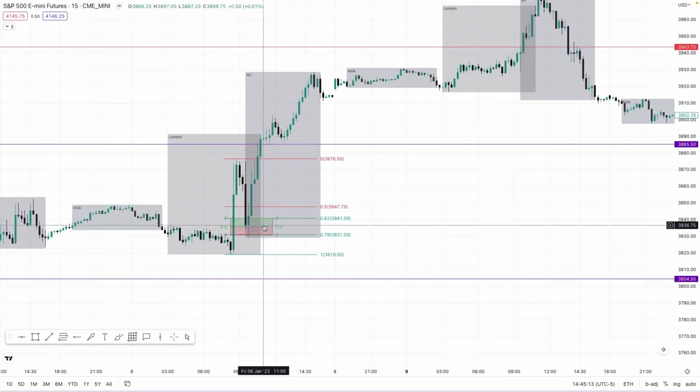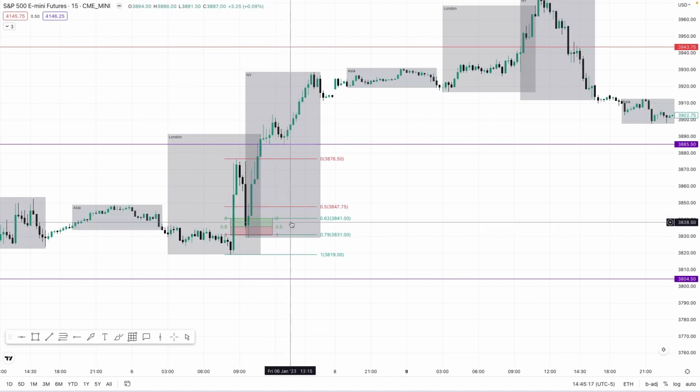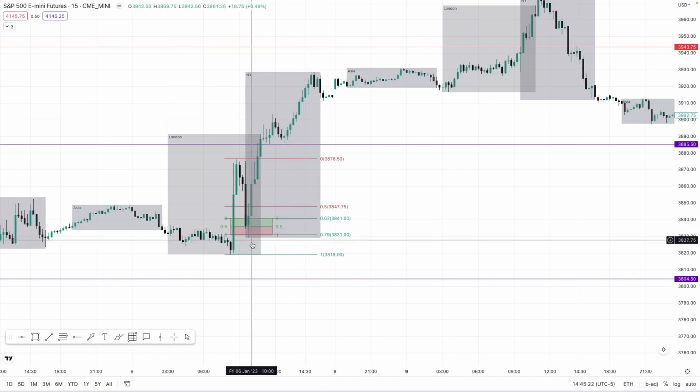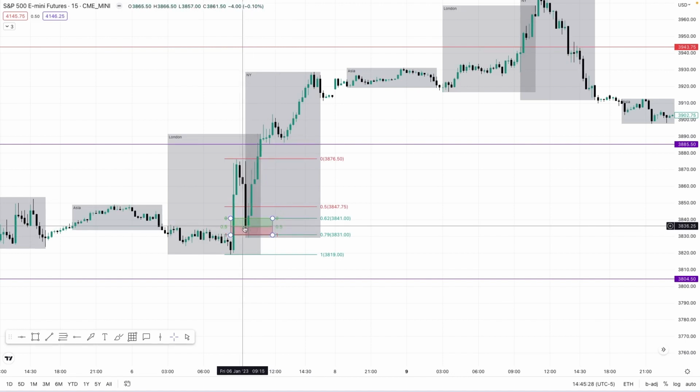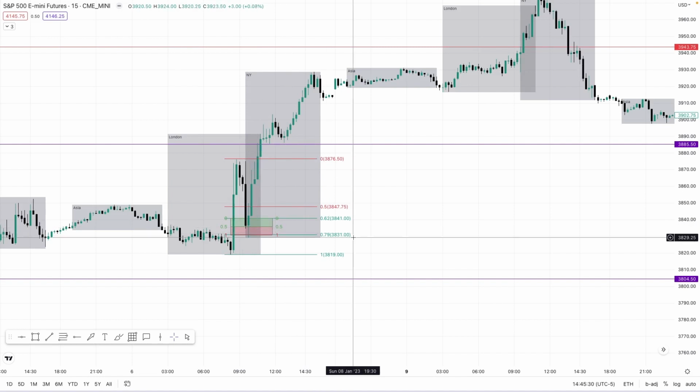And if you look at the candle bodies, they almost come to CE of this area between 62 and 79% retracement. Yes, it does wick down deeper, but that's a very nice price delivery into the middle of optimal trade entry.